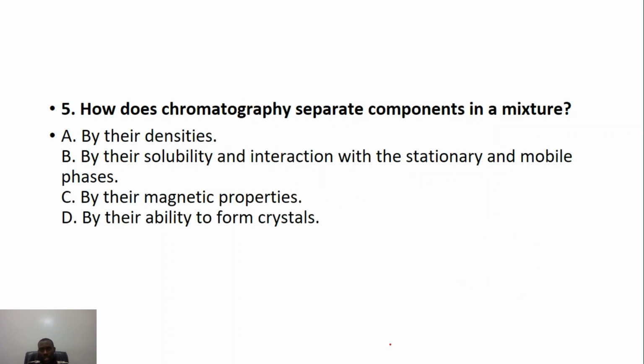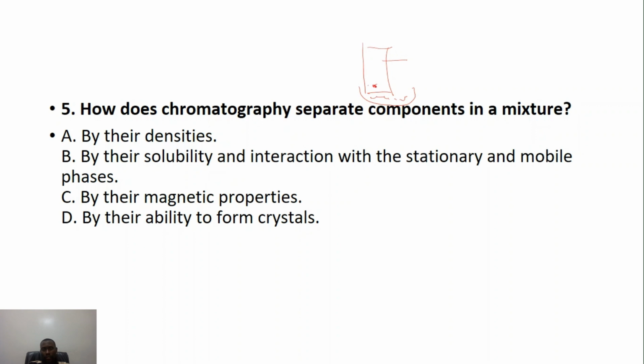How does chromatography separate components in a mixture? By their density? That's not correct, because chromatography has a stationary medium and a mobile medium. The mobile medium is usually a solvent, which can be water. The stationary medium, in the case of paper chromatography, is usually a paper.